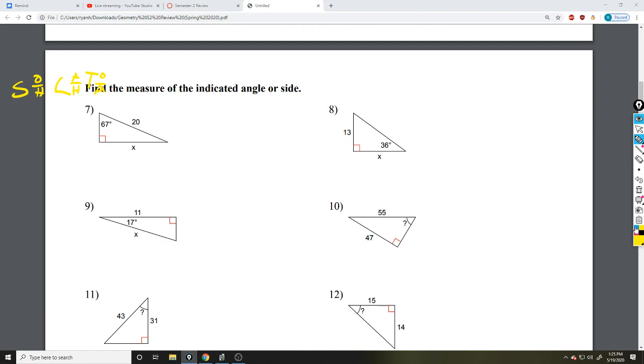All right. Just like we did on the homework and on the tests, my sides are going to go to the nearest tenth, and my angles are going to go to the nearest degree, or the nearest whole number. Okay.